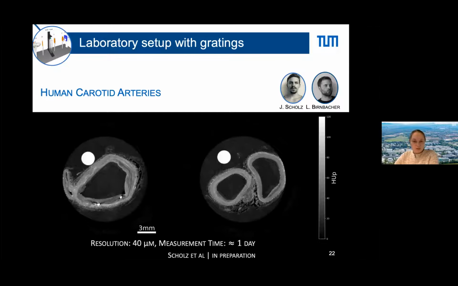Josef is now almost finishing his PhD, and he succeeded in reducing this down to 11 hours, without any compromise on the image quality, and it's the same quantitatively. You see the distribution of the electron density, and the sensitivity is the same.